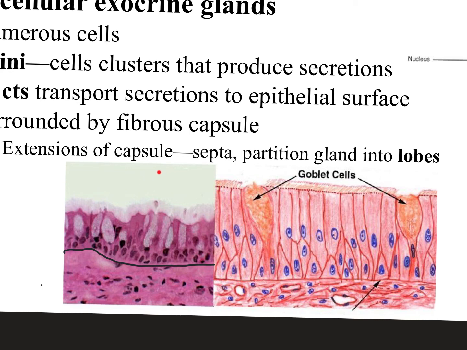So what side would that be? The apical surface, right? Usually there's what we call a lumen or an opening, right? Okay? So now, what would you call these cells, and why? Would you call it simple or stratified?